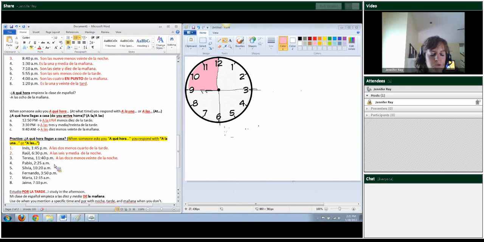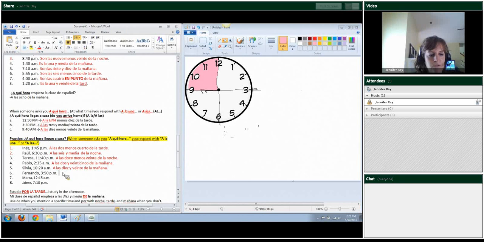Pablo gets back at 2:25 a.m. Again, what's going to come out of my mouth and what I'm going to write is not going to be 1, so I'm going to say a las 2:25 de la mañana. 10:20, again, what I'm going to write is not 1 o'clock, so I'm going to say a las 10:20, because it's 10 and some minutes, de la mañana.